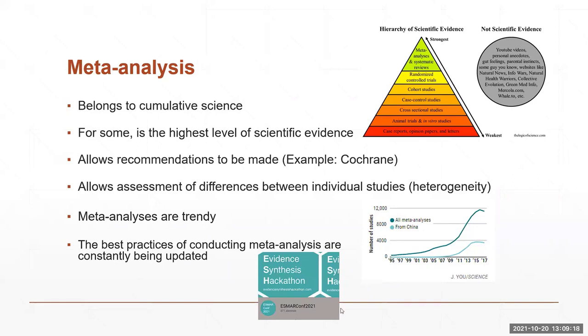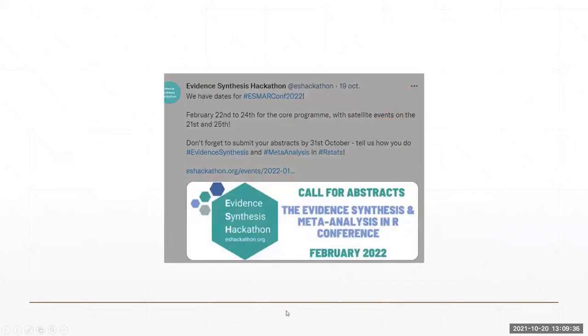This is a screenshot of the YouTube page of the SMARConf. This is a conference in January or February, and they show all the new tools that are used in meta-analysis. It's free to see, and it's on YouTube, so it's very easy to find. The next one is at the end of February. If you want to register, it's free.